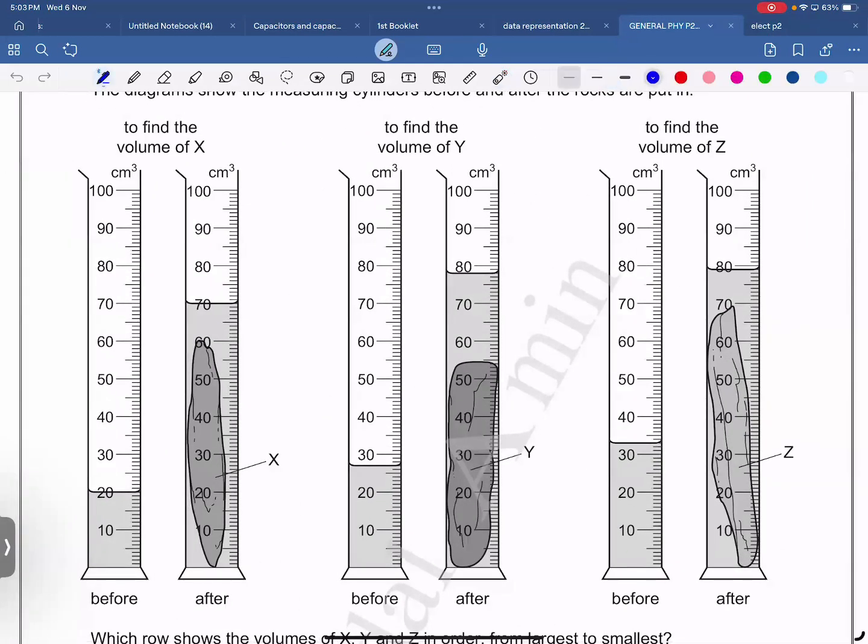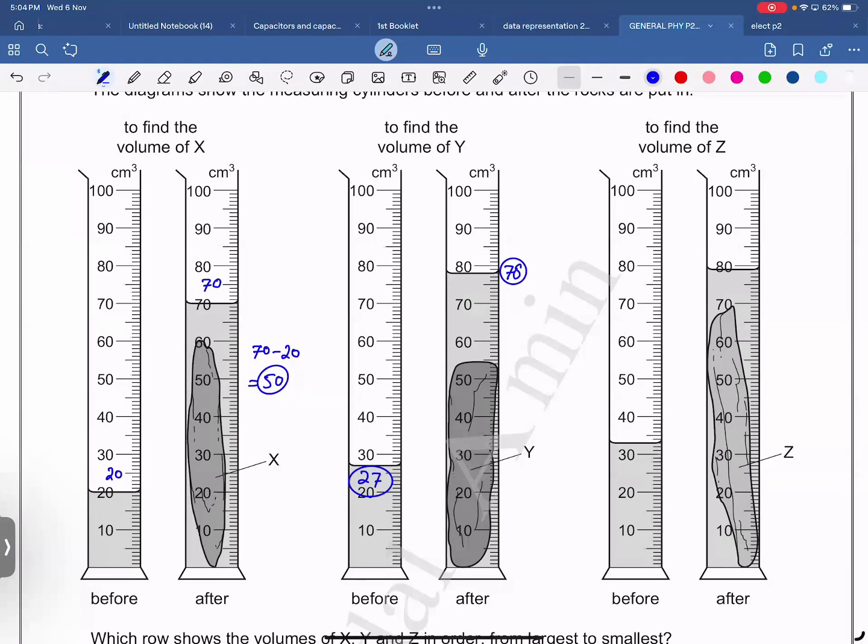For the first one, the initial was 20, final is 70. So 70 minus 20 is 50. For Y, the first reading is 27. The second reading is 78.